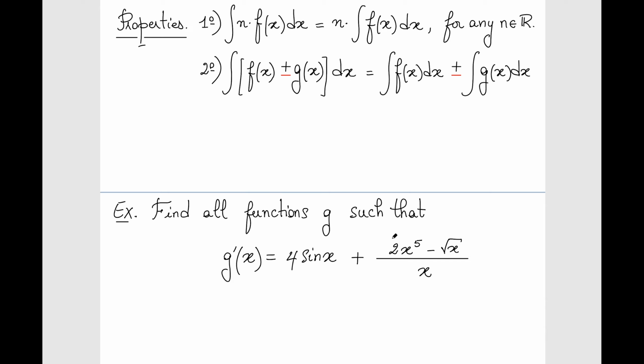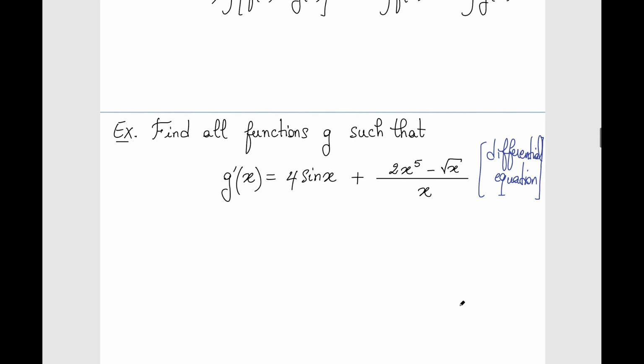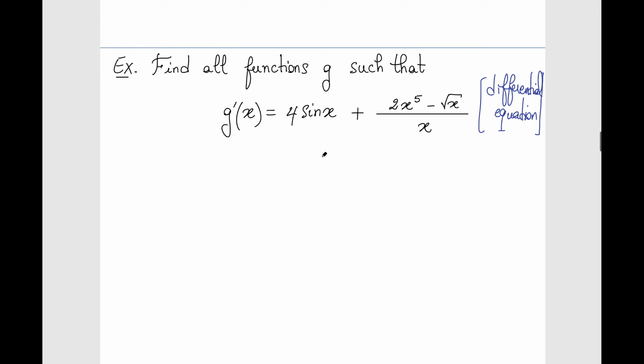This is called a differential equation. All right, so how can we find all these functions g?